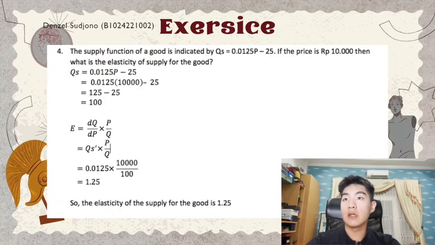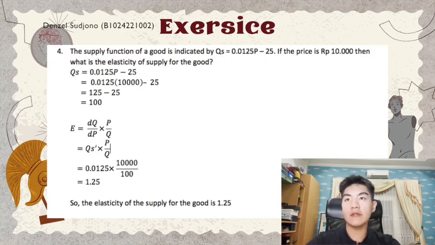Next is number 4. The supply function of a good is indicated by QS equals 0.0125p minus 25. If the price is 10,000 rupiah, then what is the elasticity of supply for the good? QS equals 0.0125p minus 25 equals 0.0125 times 10,000 minus 25, which also equals 125 minus 25 and equals 100.